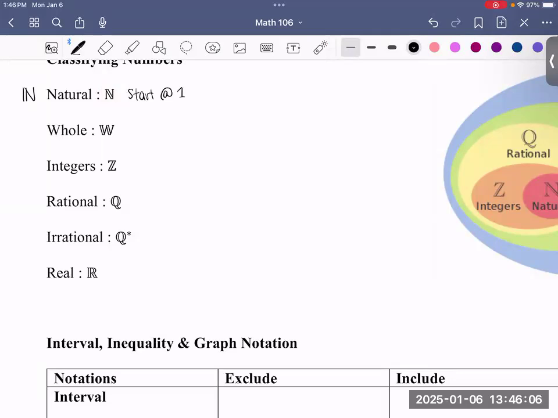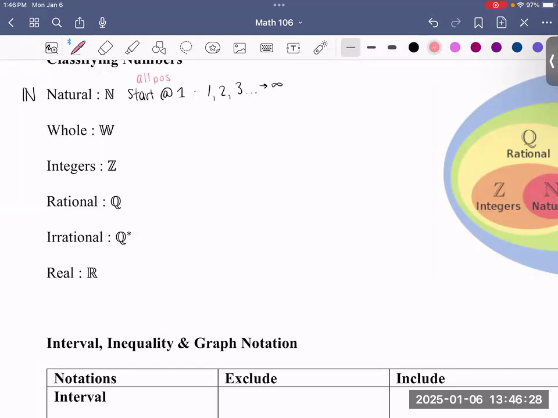Natural numbers start at 1, and then it goes from 1 to 2 to 3, and ticks all the way up towards infinity. Natural numbers, as you're going to be seeing, are all positive. So natural numbers are all positive, and they start at 1.